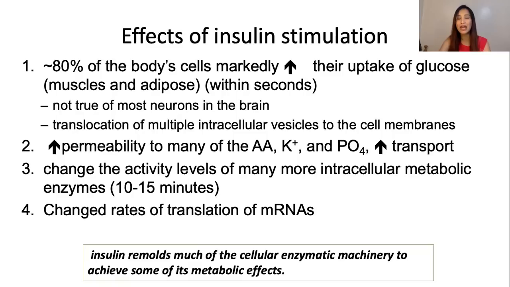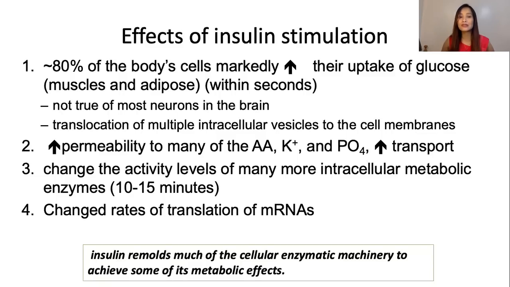That's why in patients with hyperkalemia, meaning markedly elevated serum potassium, we usually give IV insulin to facilitate entry of potassium from the extracellular fluid into the cells to decrease the serum potassium. Phosphorus also increases its entry into the cell. Insulin also changes the activity levels of many more intracellular metabolic enzymes within 10 to 15 minutes.